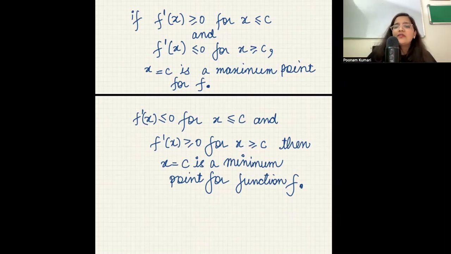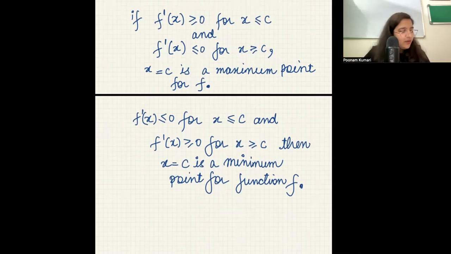But most of the times, whatever functions you see, they are not going to have all these nice properties, right? So in those cases, how do we decide what is the maximum value and what is the minimum value? How should we go about it? What should we do?